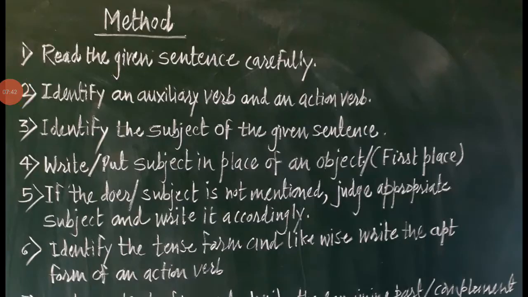Dear students, here is the methodology which you need to apply while converting any passive sentence into an active one. First and foremost, read the given sentence carefully. Read the sentence and make sure whether the structure is giving you any hint about its being passive or active.